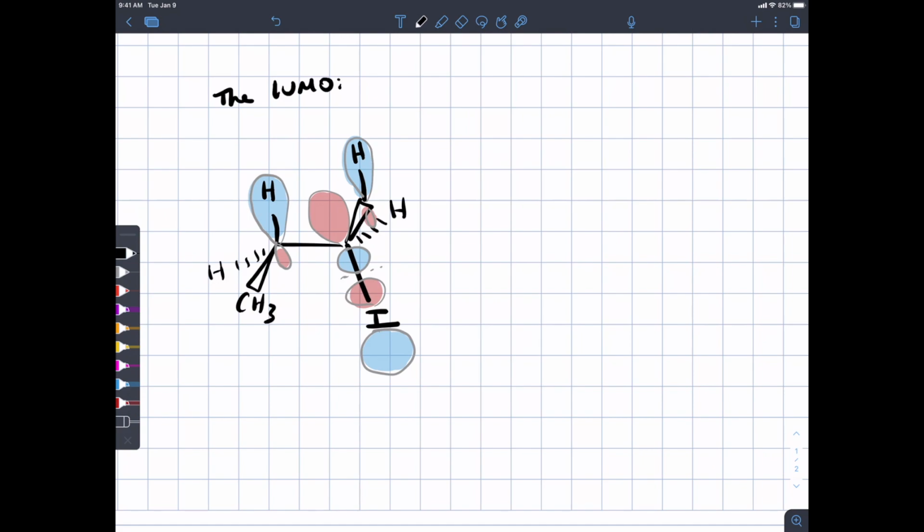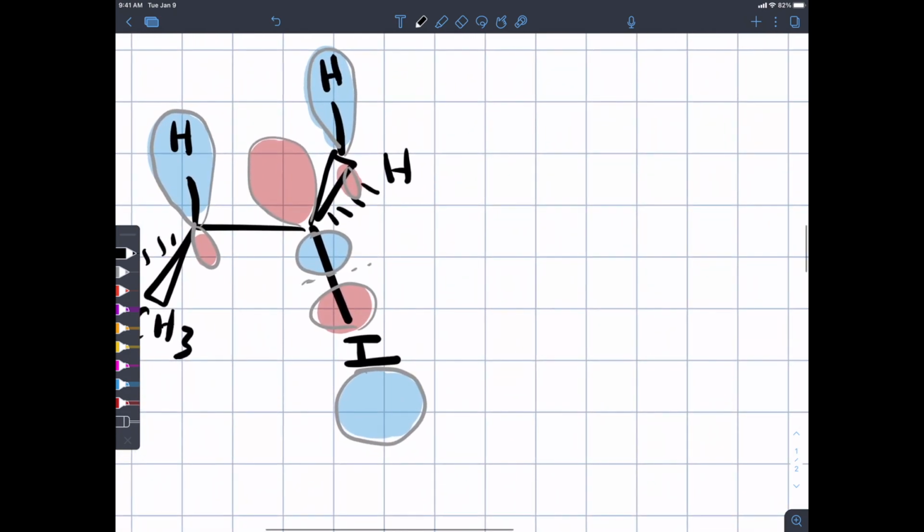You get that from the carbon-iodide sigma star with sigma CH to sigma star hyperconjugation. And what we're seeing is that those hydrogens on the beta carbons, and there's two of them, so we could call this one beta 1 and this one beta 2, have some LUMO on them.